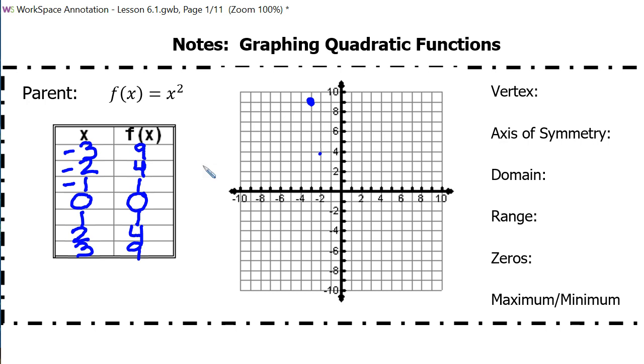We have -1, 1. Then we have the origin at 0, 0. Then 1, 1. 2 goes up to 4. And 3 goes up to 9. All you do is plot the point.